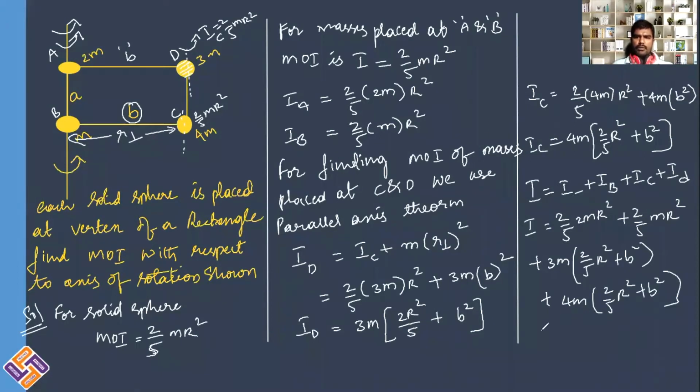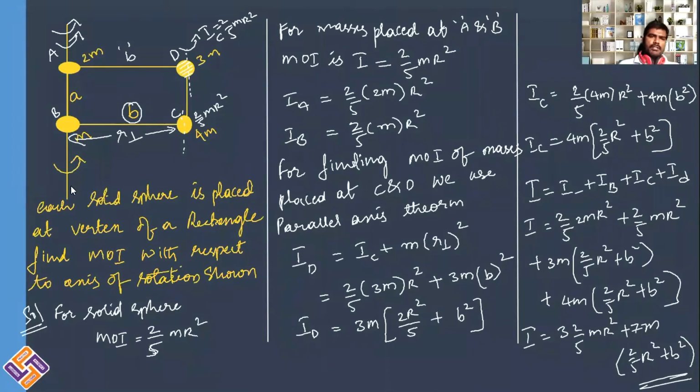This can be written as 2 by 5 times 2m r square, 2 by 5 m r square, that is 3 into 2 by 5 m r square, plus 4m plus 3m, which is 7m, into 2 by 5 r square plus b square. This is the final moment of inertia with respect to the axis of rotation about this edge.